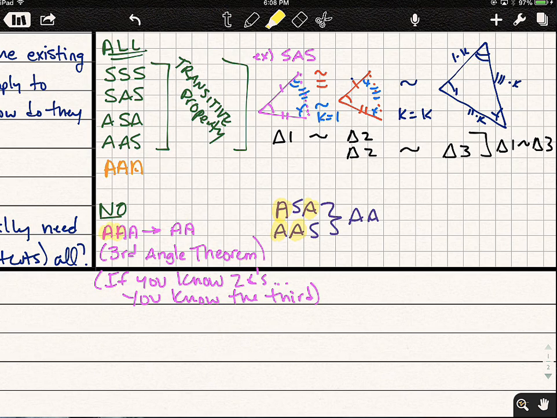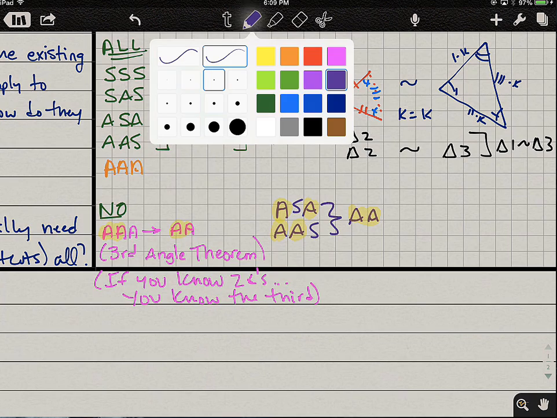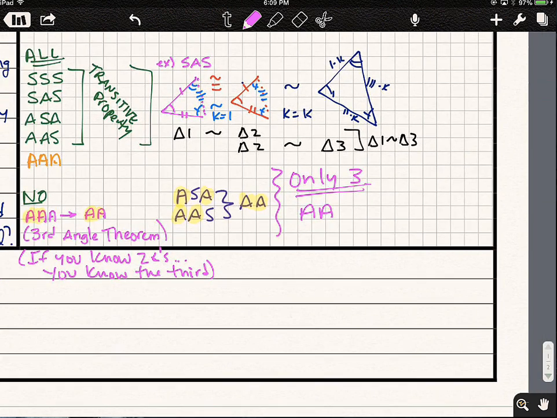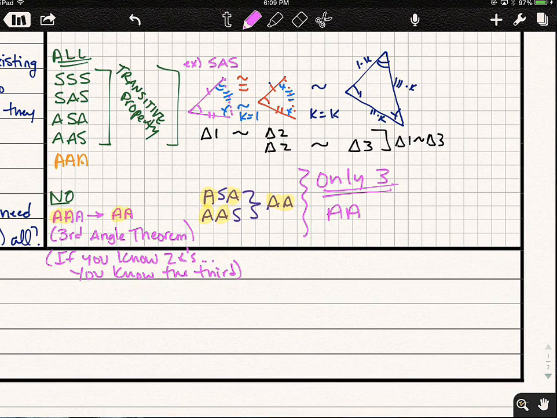So angle, angle takes care of all these cases. So really, we're left with just three needed ones: angle, angle, because it takes care of angle, angle, angle, angle, side, angle, and angle, angle, side; side, side, side; and side, angle, side, which is, again, great news because only three are needed.